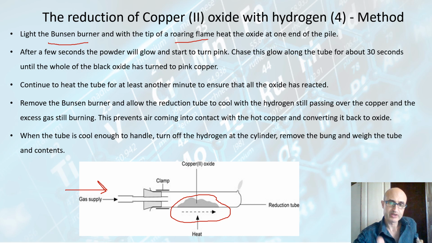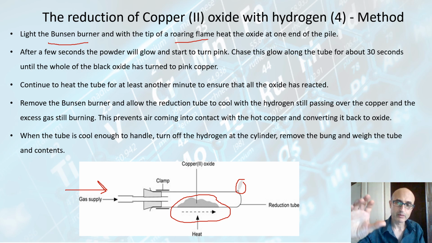This will drive out any air inside the tube, and then what you do is you ignite the hydrogen at the end. The hydrogen over here is ignited. This ensures that any hydrogen which is in excess does not cause an explosion risk, but it is immediately removed in that way. So you are removing the hazard by igniting it at the exit point.